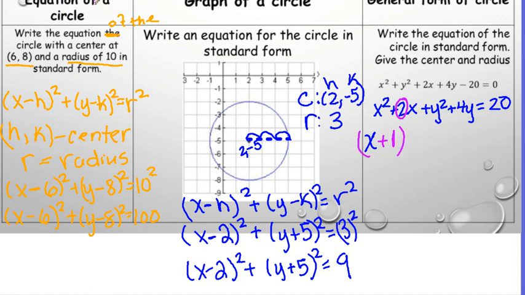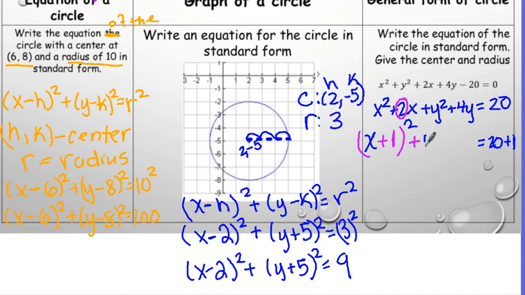Okay, and then I'm going to put my square here. And then I'm going to square 1. So I'm going to go over here and put my 20. I'm going to square 1, which is 1, and add it to the other side. I'm going to keep the sign that's in the middle, plus.